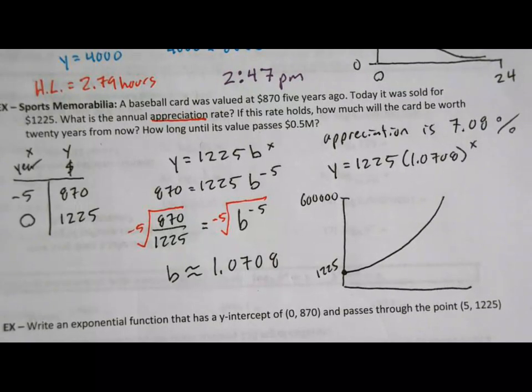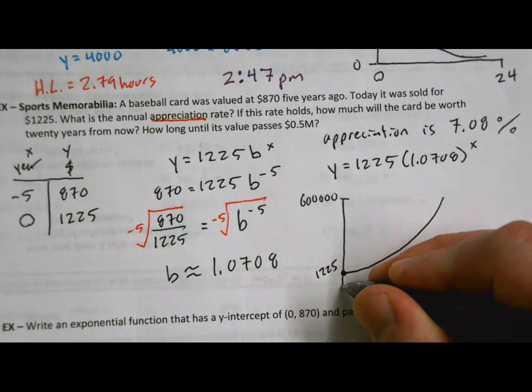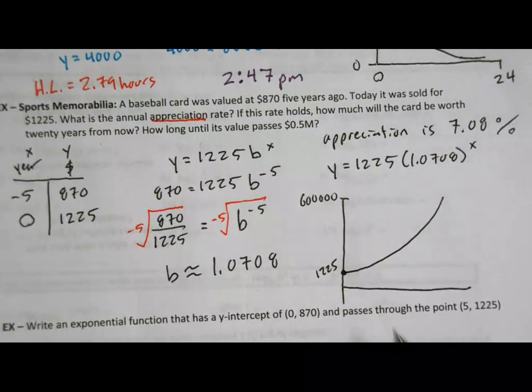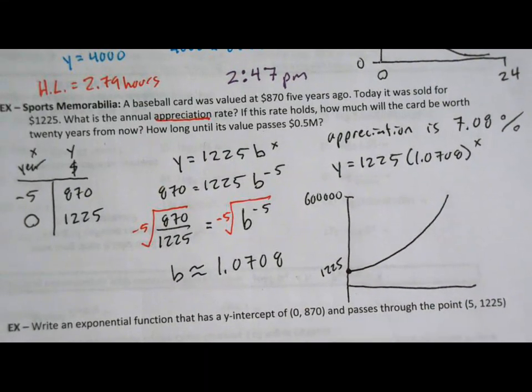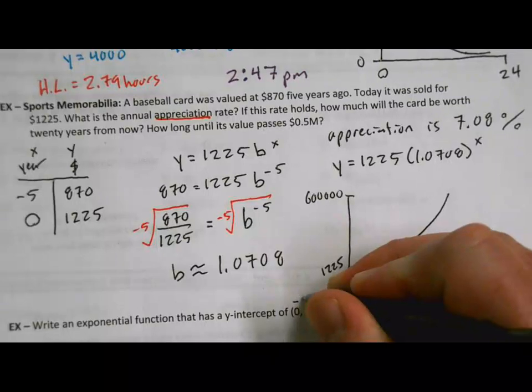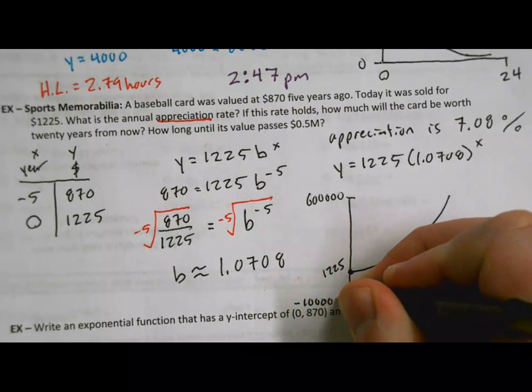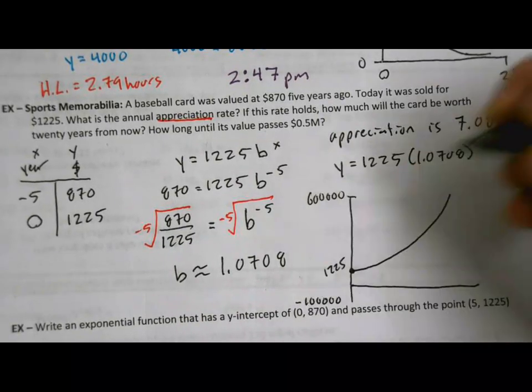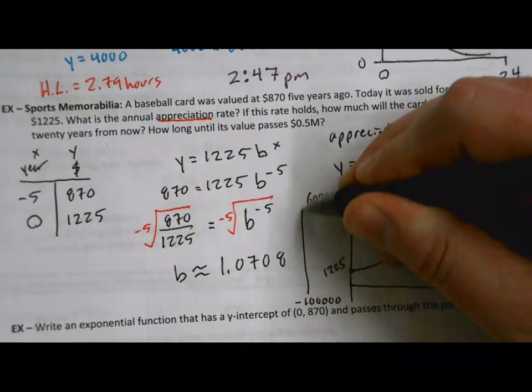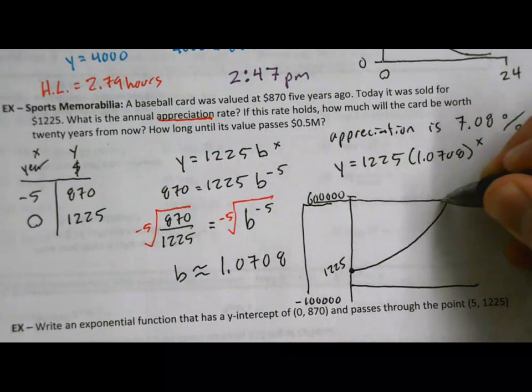And then this is something that I've just learned over time. A lot of times you're going to want it to go down below 0 also, because the x and y information kind of drowns out what's going on at the bottom of the graph. It sort of covers it up. So I'm going to make mine go down to maybe negative 100,000. And then let's talk about in terms of time. When I graph this thing, I think I want to see a little bit of the past.